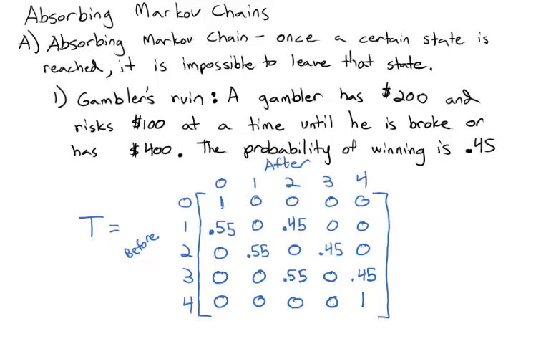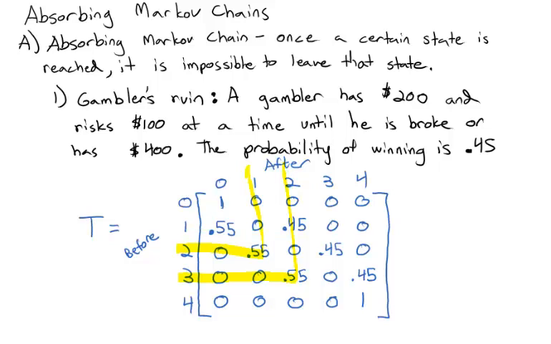So this is the transition matrix of before the game to after the game. And so we can see if he has $300 at any given point in time, there's a 55% probability he'll drop to 2, and then he'll play again with 2. There's a 55% probability he'll drop to 1, but maybe then he wins, so from 1 he wins, takes that 45% probability to 3, and so on and so forth.